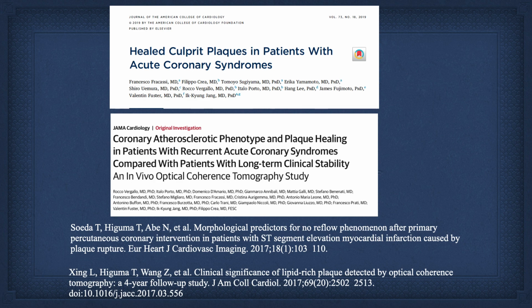ACS is a combination of rupture, erosion and failed healing. We used the OCT, we used more IVUS studies than OCT studies. Unfortunately, it's sad for me being somebody who really is an OCT person.